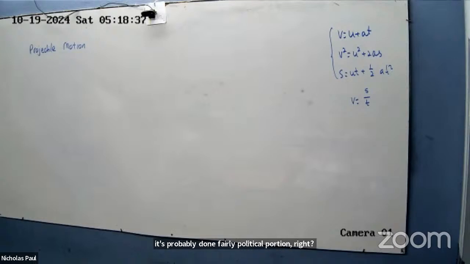Note that for horizontal motion, velocity is constant. Why is the velocity constant in horizontal motion?